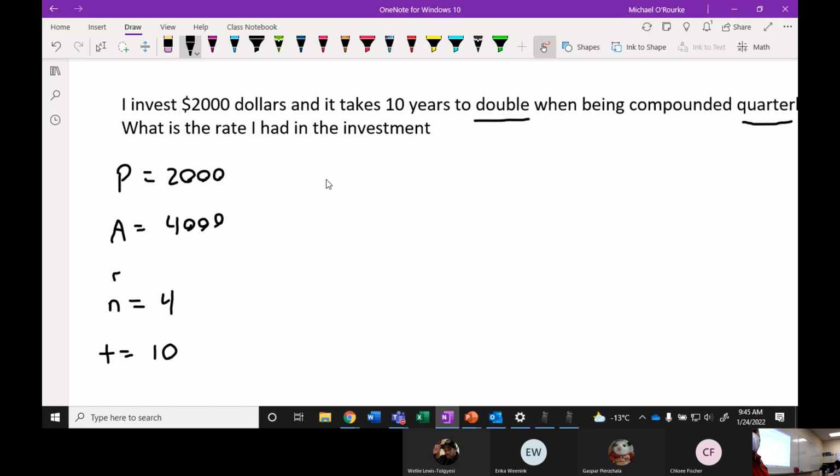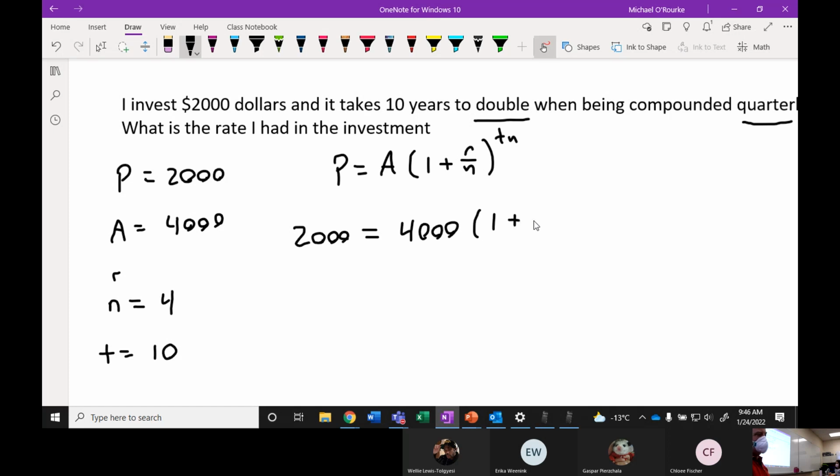Misty, Misty, Misty, focus. This one has one more step to it. Same formula. Oops, I did that wrong, yeah.